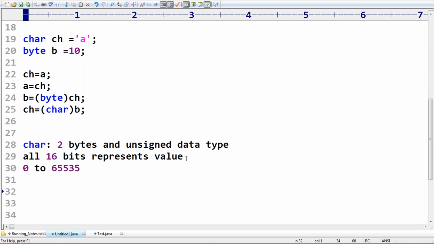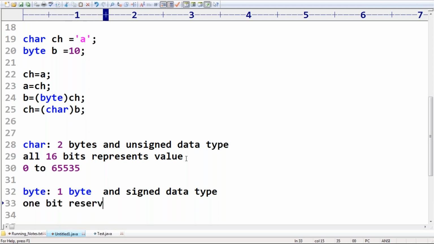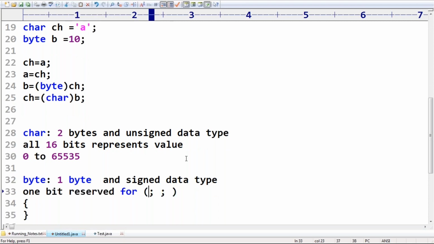Next, consider byte: 1 byte and a signed data type. Signed means 1 bit is reserved for the sign, so only 7 bits represent the value. That's why the range is minus 128 to 127.